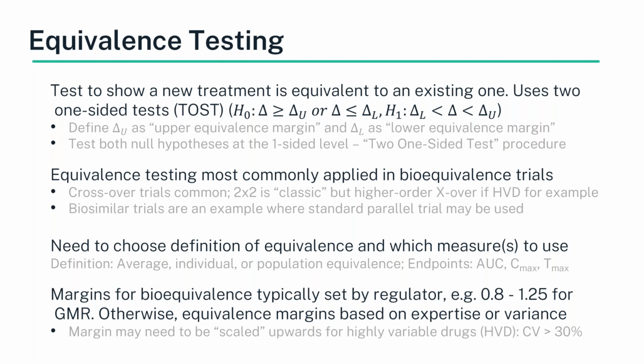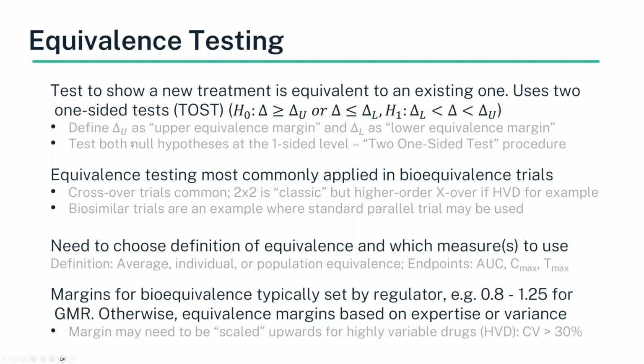As we mentioned, higher concentrations could lead to an increase in toxicity events or a decrease in efficacy. So it's very important to have a similar concentration of the active agent in the blood compared to the innovator drug during its confirmatory trial.